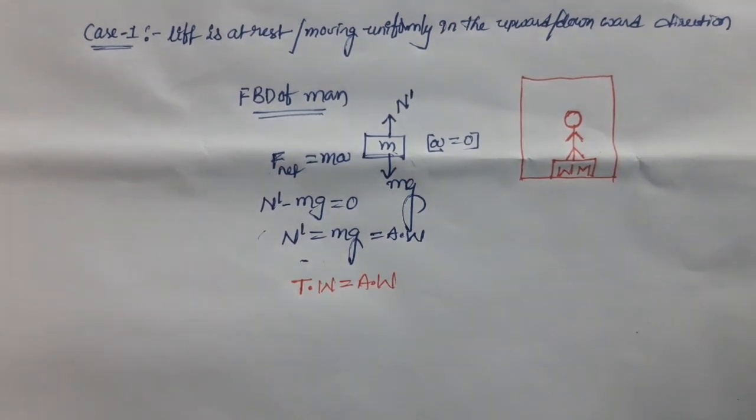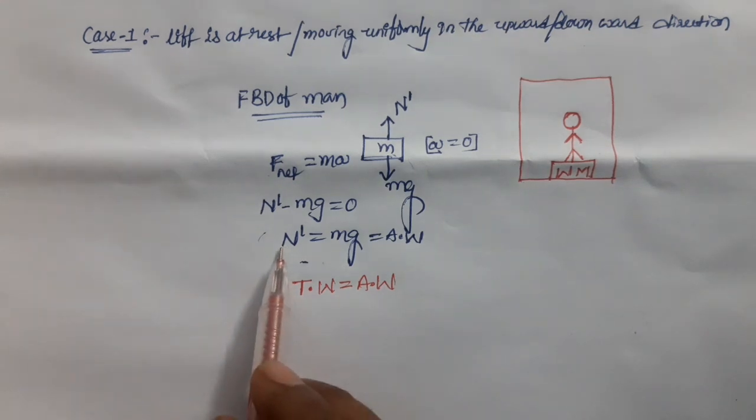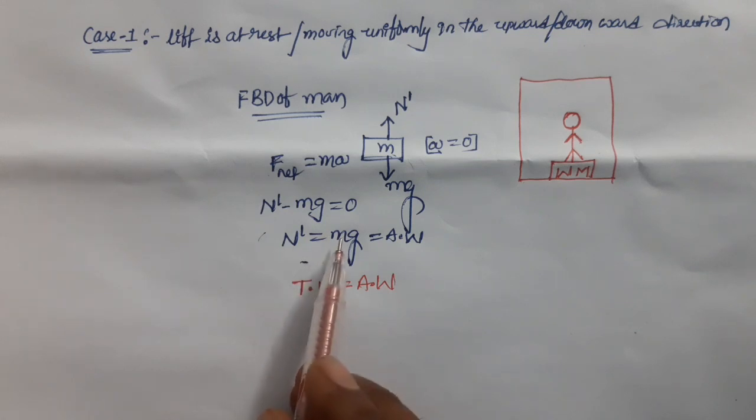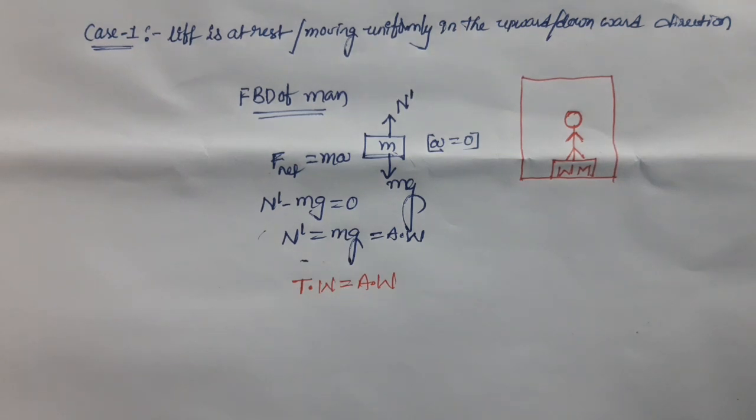I already told you about true weight, students. True weight is nothing but the normal reaction which is developed by the weighing machine. If you want to measure this normal reaction in terms of kilograms, you can divide by g, acceleration due to gravity, then it can be converted into kilograms, students.